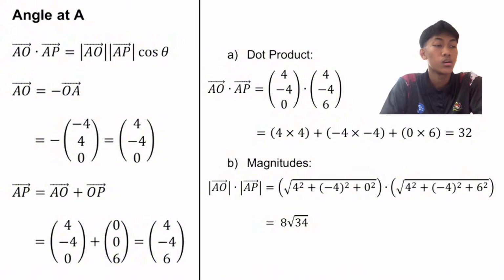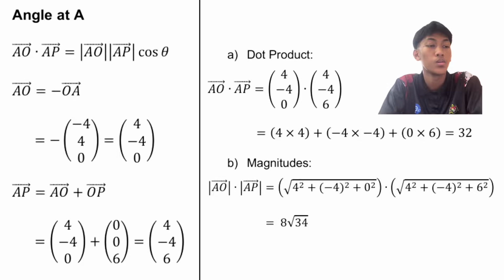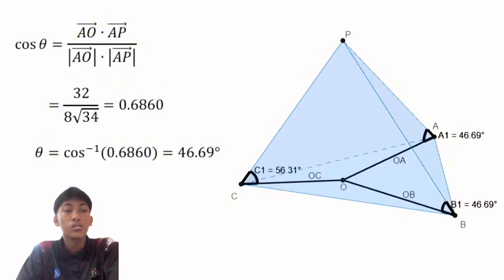And then we calculate both magnitudes, which is magnitude of AO multiplied by magnitude of AP. So magnitude of AO, we get the square root of 4 squared plus negative 4 squared plus 0 squared, multiplied by the square root of 4 squared plus negative 4 squared plus 6 squared. So we get the magnitude is 8√34. And same as the previous one, we transform the equation.